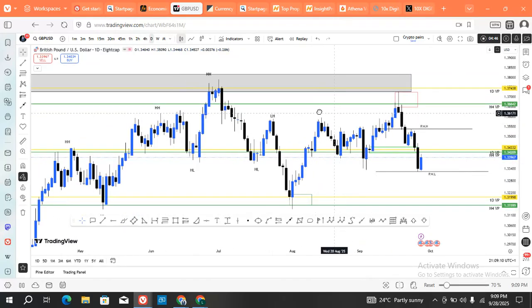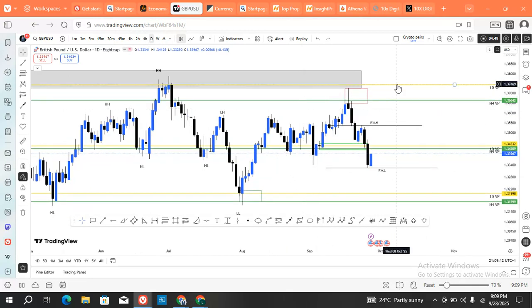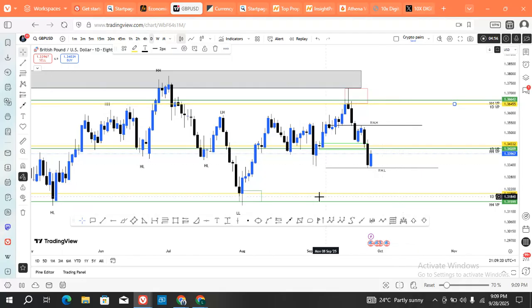So on the daily time frame, we mark out the daily supply. Daily supply is over here, and daily demand is all the way down here. This is the current daily demand we're playing with, and this is daily supply we are working with here.